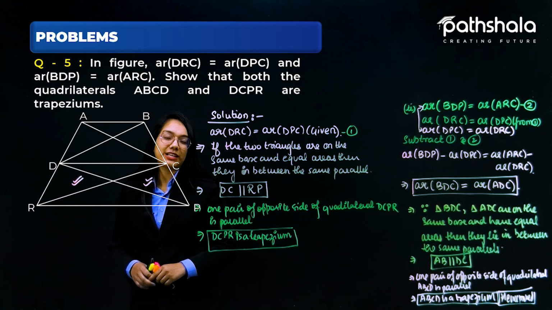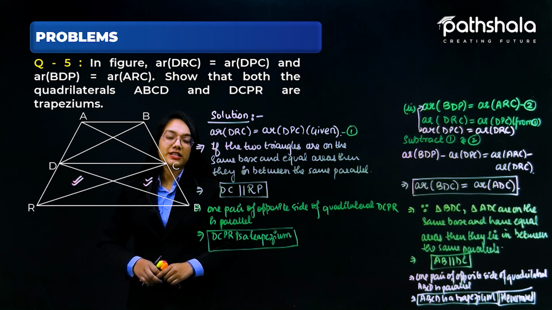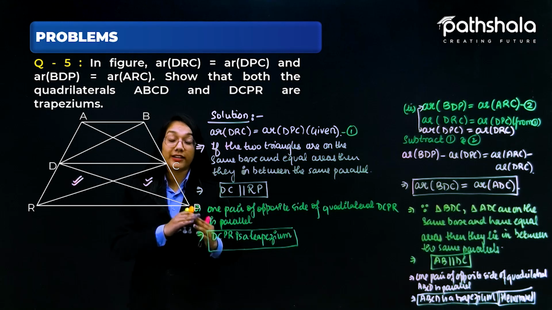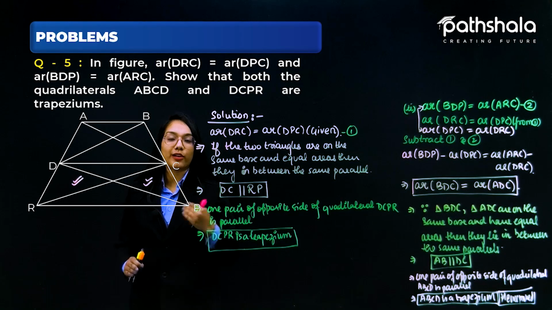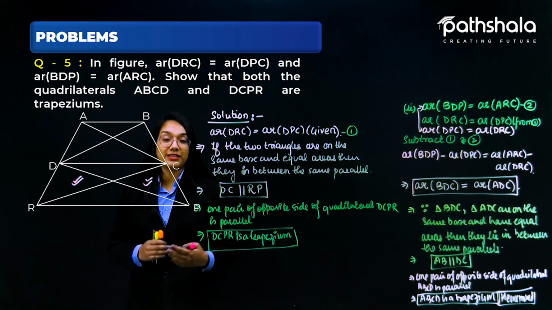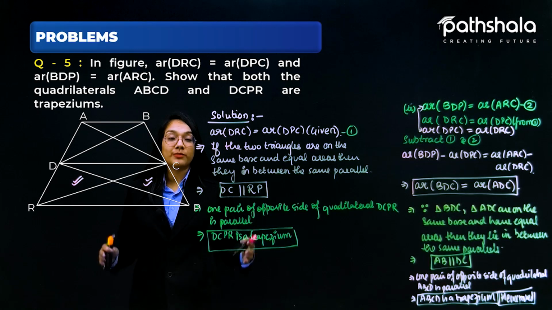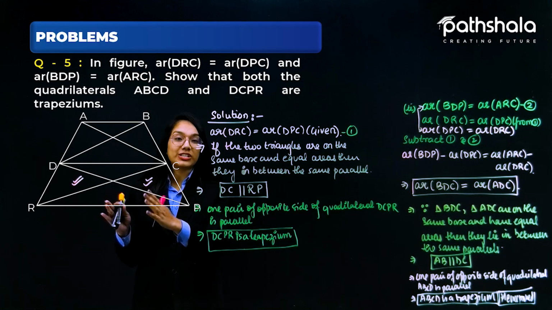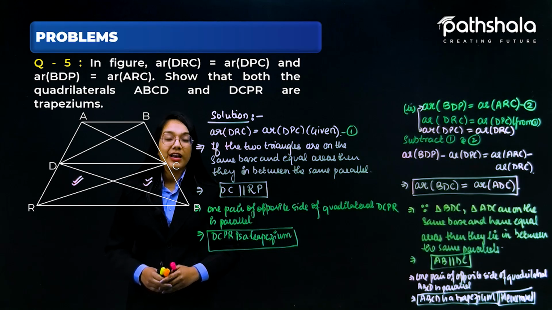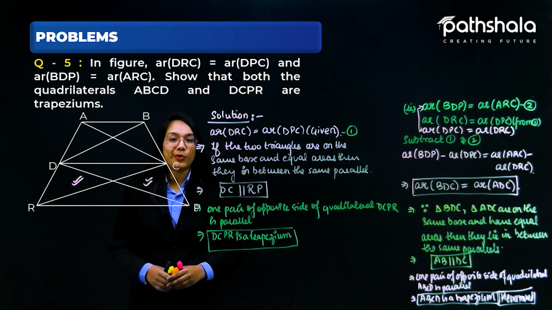I hope all the concepts we have done are clear to you: the planar region, congruent figures and their areas, parallelograms on the same base between the same parallels, triangles on the same base and same parallels, and triangle and parallelogram on the same base and same parallels. I hope all the theorems, concepts and questions are clear to you. Now practice more and more questions all by yourself.